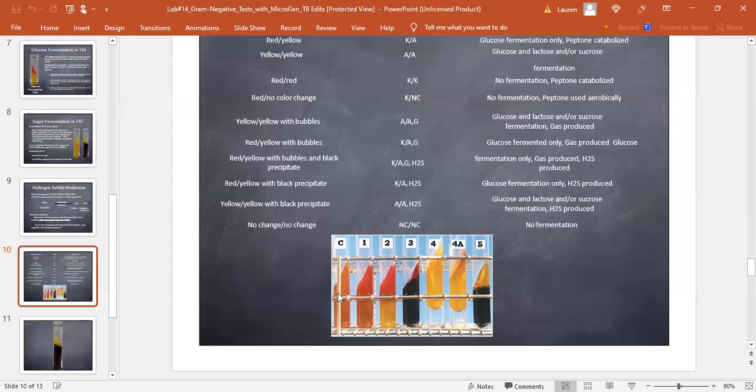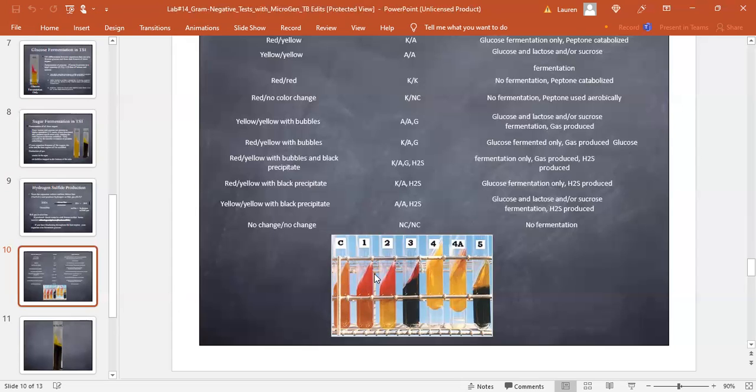Oh, okay. So if this is our control and we compare it to the other colors that it might produce, with number 1, we can see that between these 2 butts, there's not a whole lot of a difference, right? But if we look at the slants, there is for sure a difference, right?